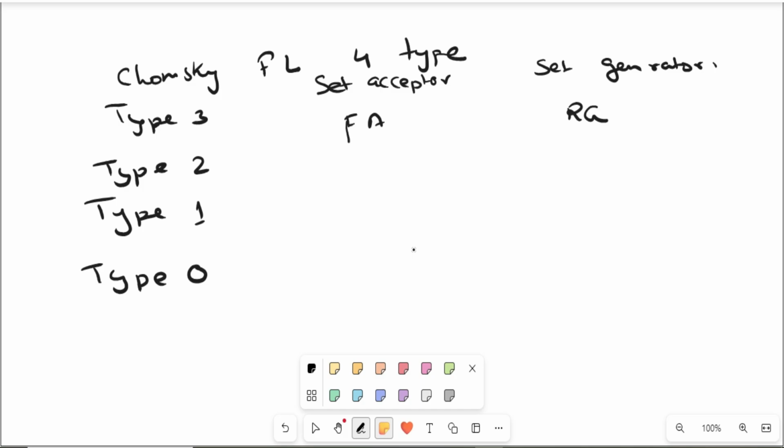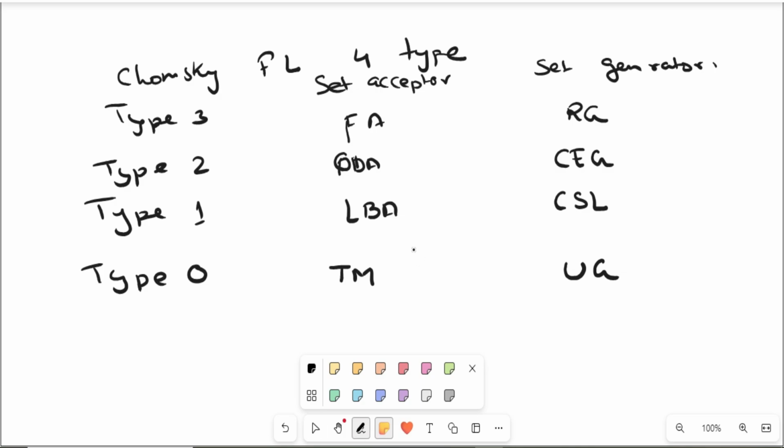Type 2 has a PDA as a set acceptor and context free grammar as a set generator. Type 1 grammar has linear bounded automata as a set acceptor and context sensitive grammar as a set generator. Similarly, type 0 has a Turing machine as a set acceptor and unrestricted grammar as a set generator.